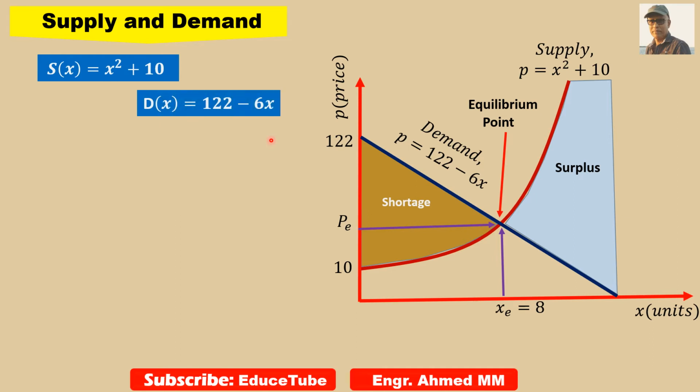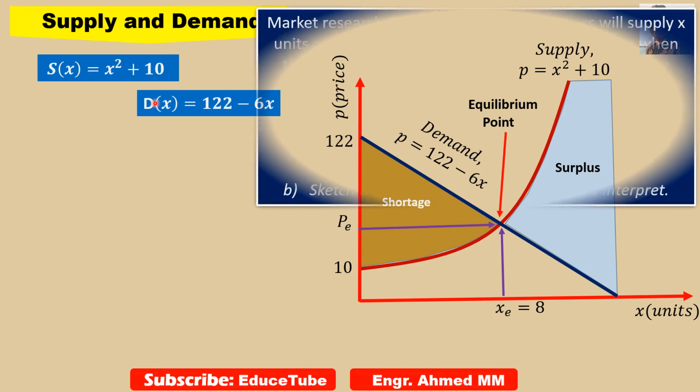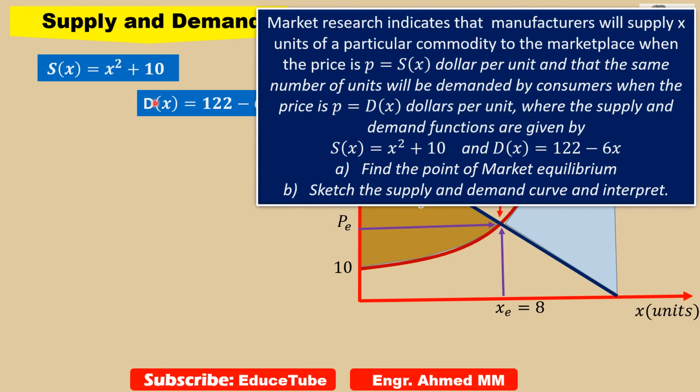There are two functions already, the demand function and the supply function, and the equations are given. So let's see the problem first. Market research indicates that a manufacturer will supply x units of a particular commodity to the marketplace when the price is P equals S(x) dollars per unit, and that the same number of units will be demanded by consumers when the price is P equals D(x) dollars per unit. Here the supply and demand functions are given.